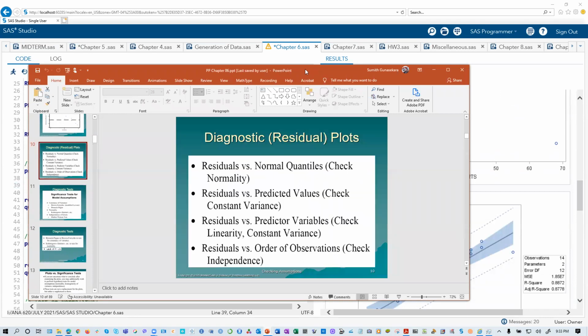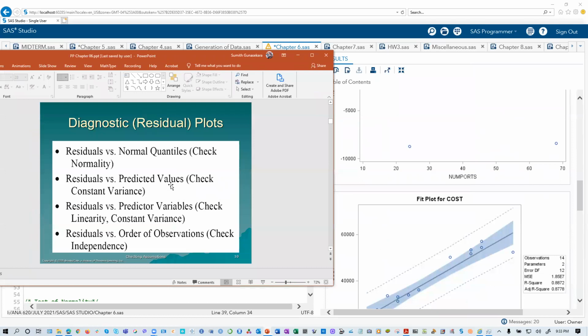Residual versus x will be enough for you to check the linearity as well as the constant variance, both conditions.